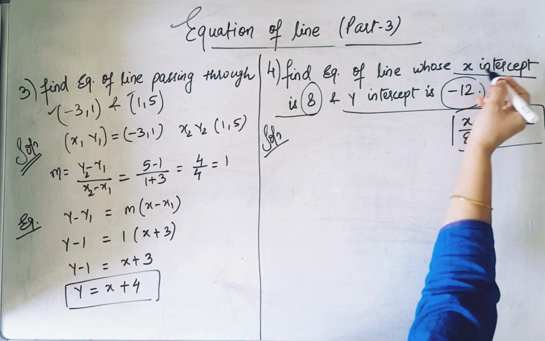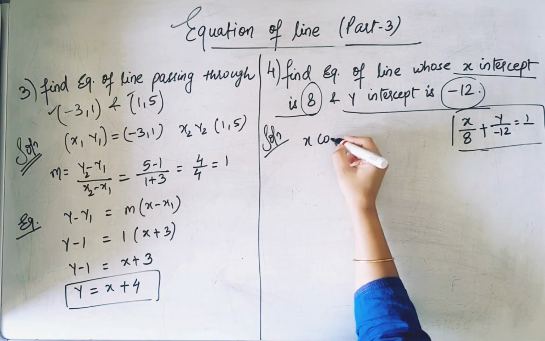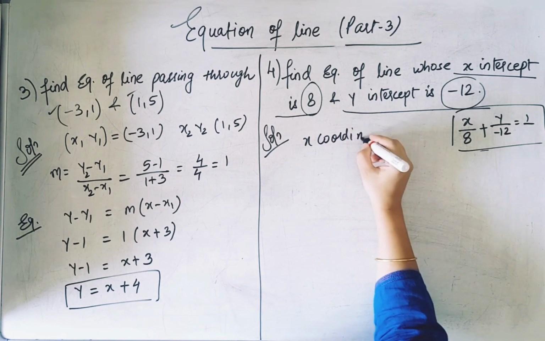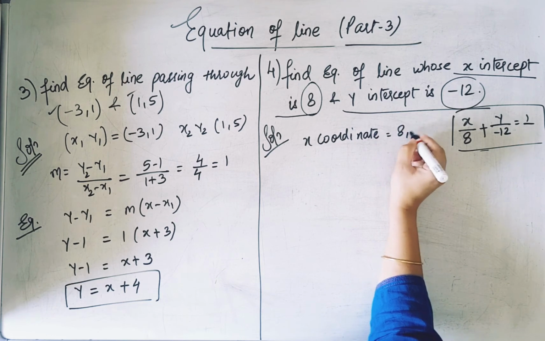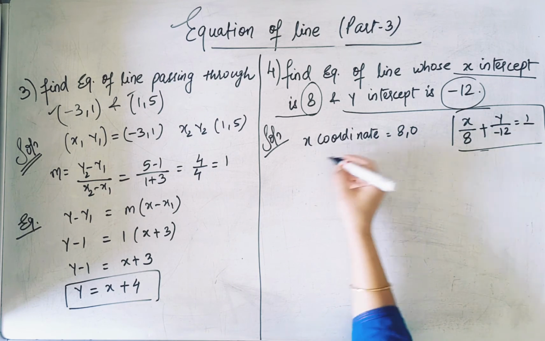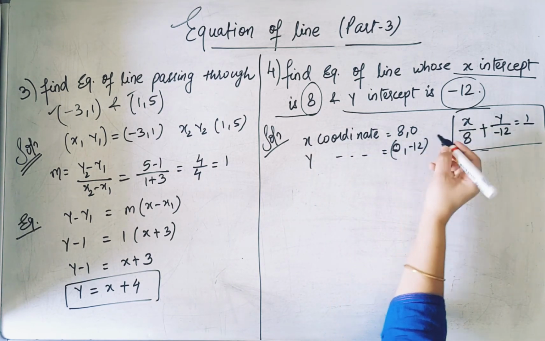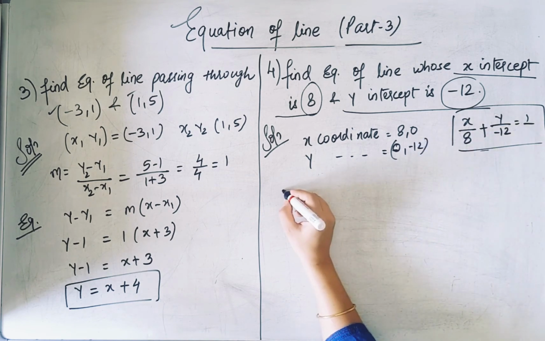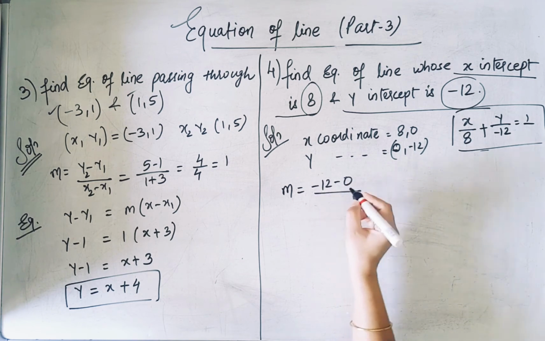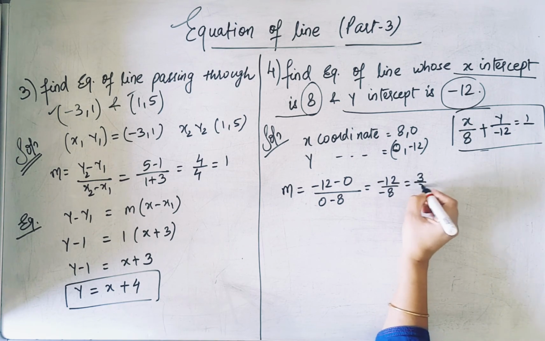What will happen? The x-intercept is 8. That means the x coordinate is what? The corresponding point which lies on the x axis will be (8, 0), and the y coordinate will be (0, -12). Now again we are provided with 2 points. We can find the slope. So the slope will be minus 12 minus 0 upon 0 minus 8. Thus minus 12 by minus 8, this will be 3 by 2.